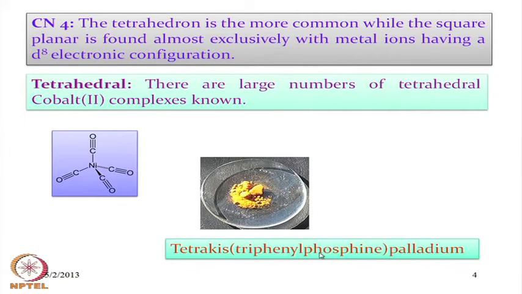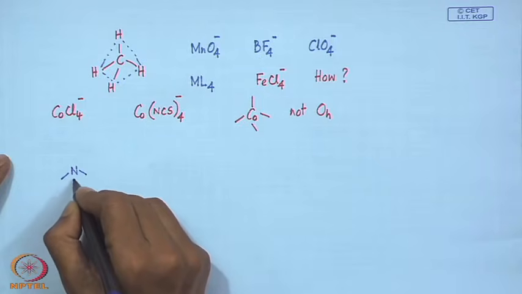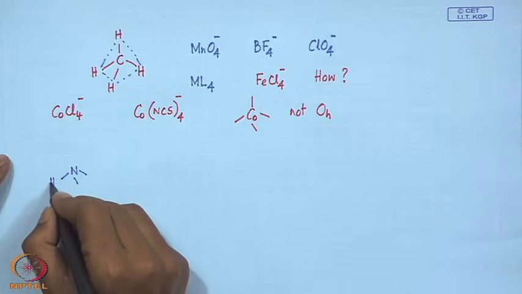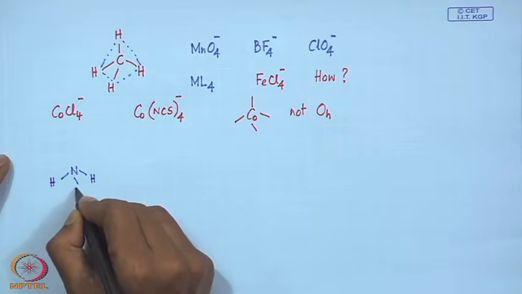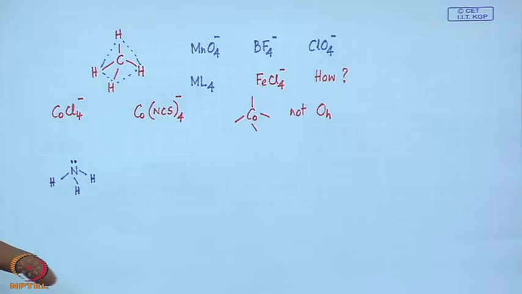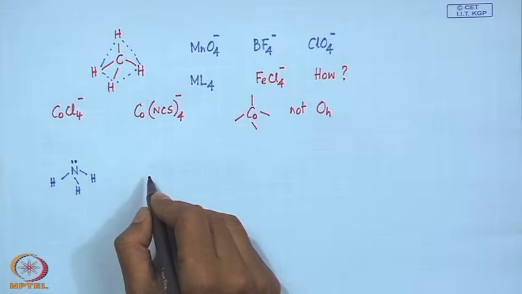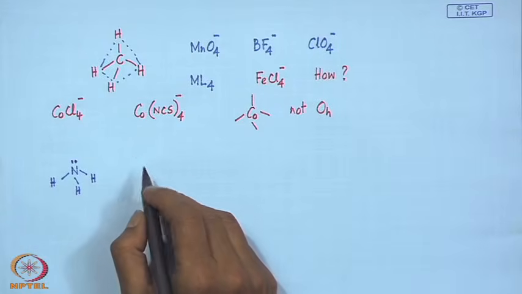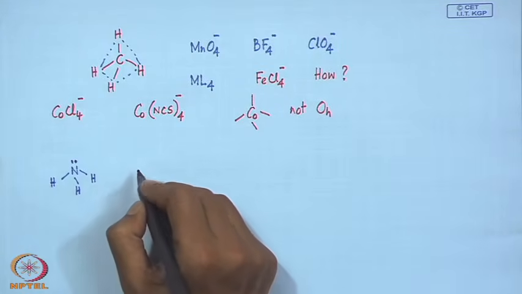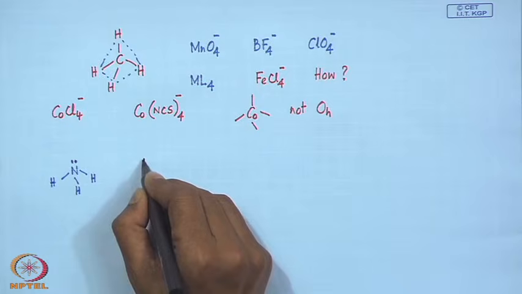Like ammonia, we have the lone pair of electrons, and those lone pairs are useful to bind the metal centers, and we can have so many types of metal complexes like hexaammine, tetraammine and pentaammine complexes.